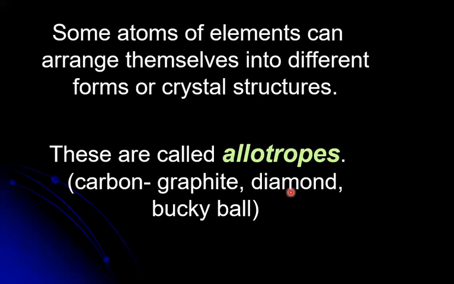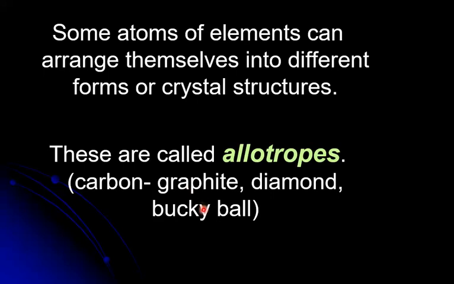Diamond is colorless. It's very, very hard. It reflects light beautifully. It's stable. And if you look at carbon in graphite, it's gray. It actually conducts electricity a little bit. It sheds off easily. That's why they use that for writing utensils, because as you press, those layers shed off and then marks are left on your paper.